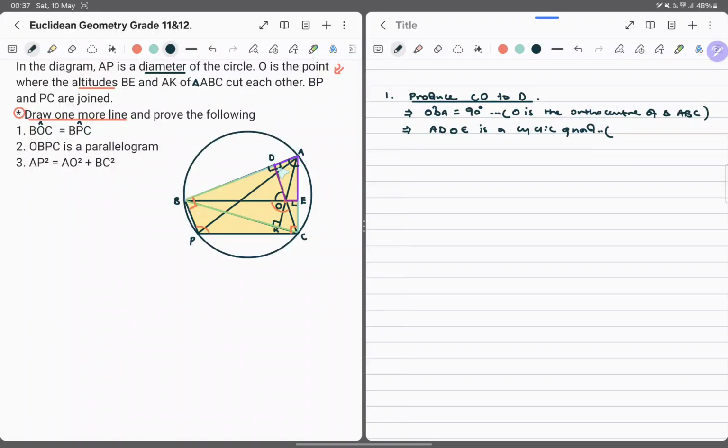We know now that this angle, or maybe let's not rush because we're going to kill ourselves. This implies that ODA is equal to, or maybe let's start by naming the exterior angle. So we know that basically BEC must be equal to ODA.